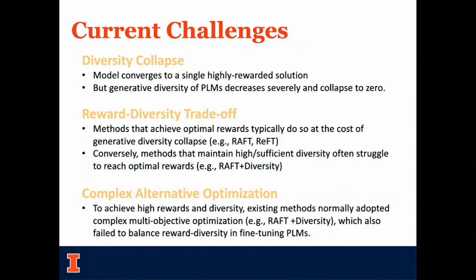Another thing is that even if we add some diversity regularization to the current methods, we find that it is hard to tune the hyperparameters, or hard to trade off reward and diversity. In fact, some existing methods propose to tackle this problem by adding diversity regularization, but this induces a multi-objective optimization, which is very hard to achieve.